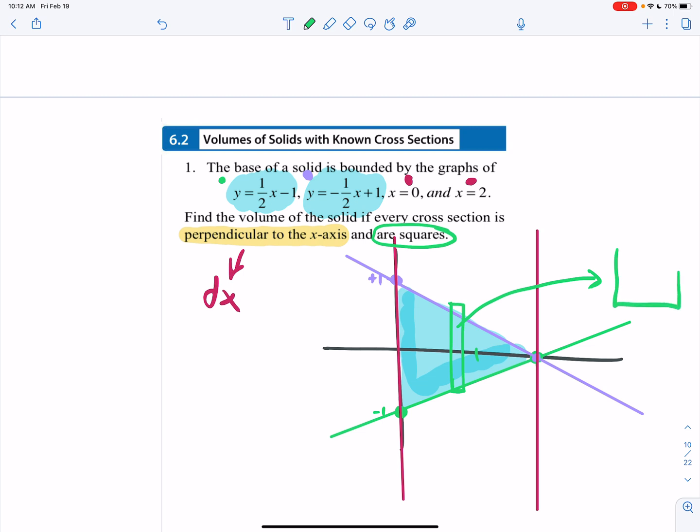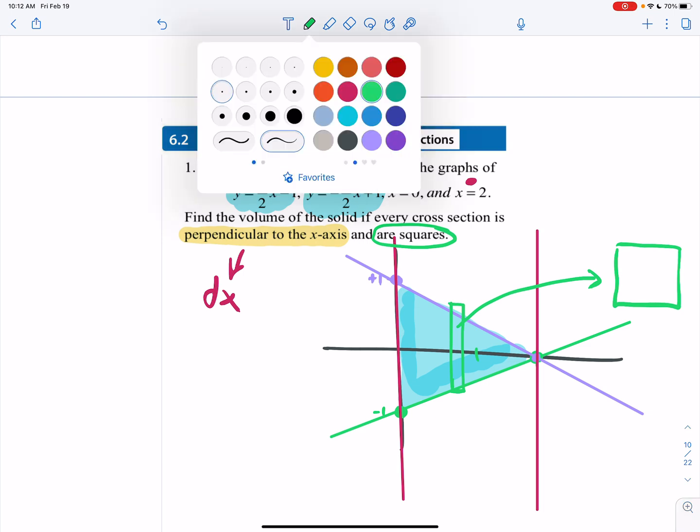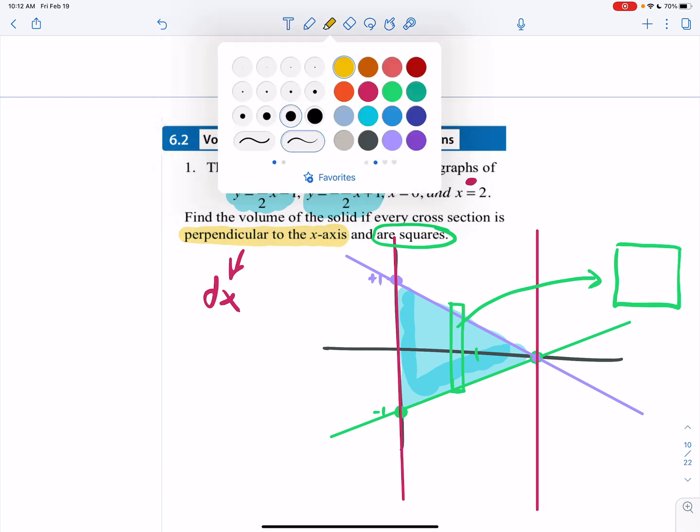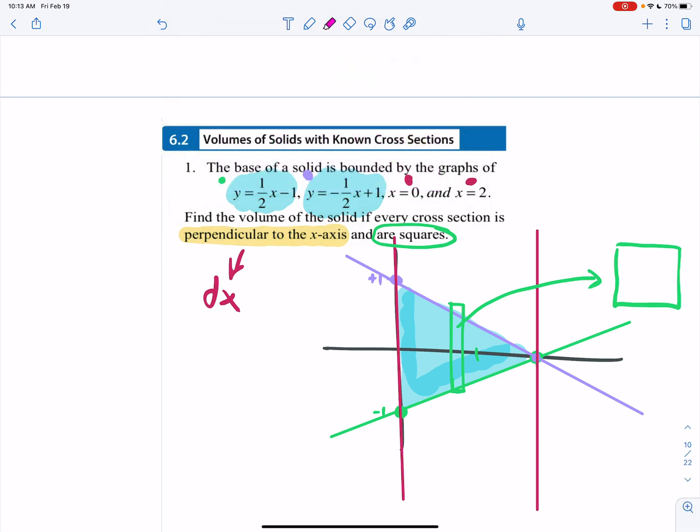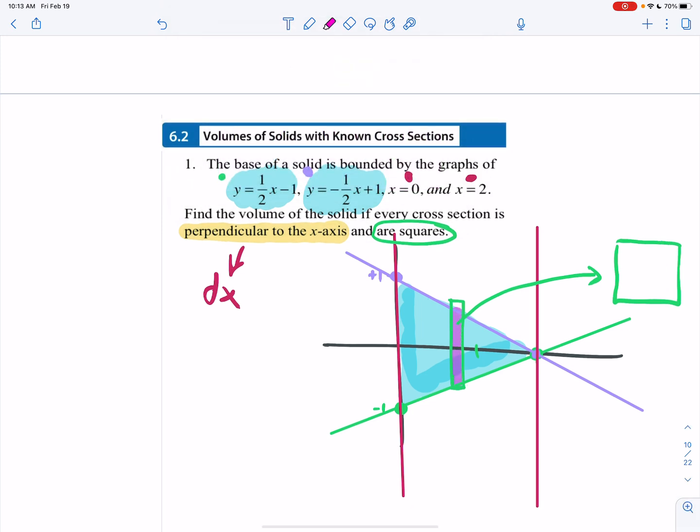So I'm going to draw a square here, okay, as a sample. Okay, so here's what you do. This highlighting is very important here. Let me use pink. So this length right here, the length of this rectangle is really the bottom part of this square. Okay, so you're stacking a bunch of squares on top of this flat surface.